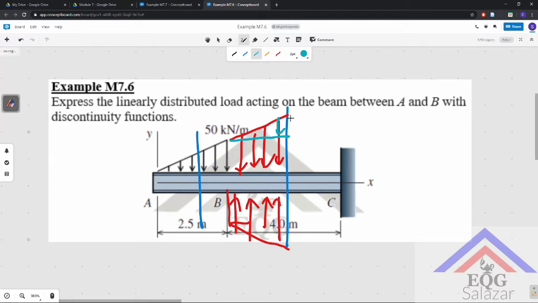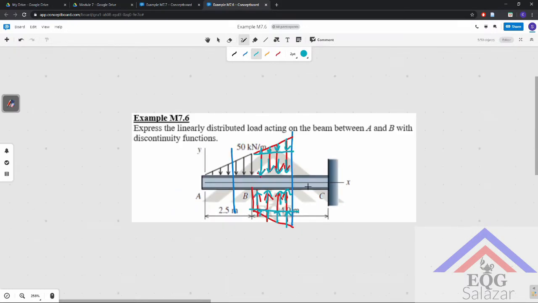So we have a triangular load, one going up and one going down, and two rectangular loads going down and going up. All right, so this is the train of thought that we are trying to follow.